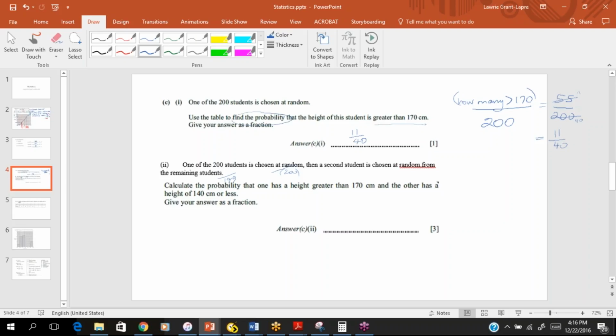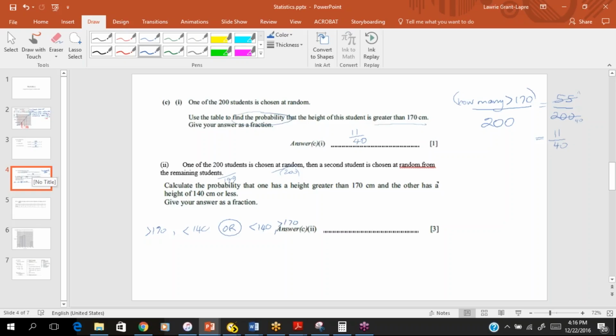Let's say the first person has greater than 170 and the second person is less than 140. That's one of each. Or the first person could be less than 140 and the second person could be greater than 170. So you've got to consider both.